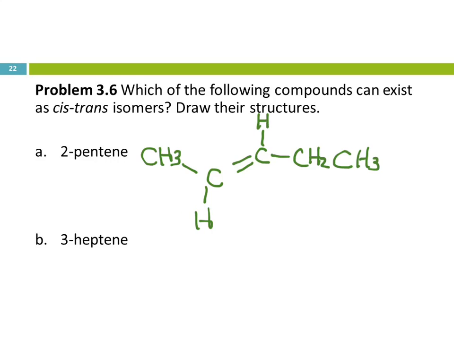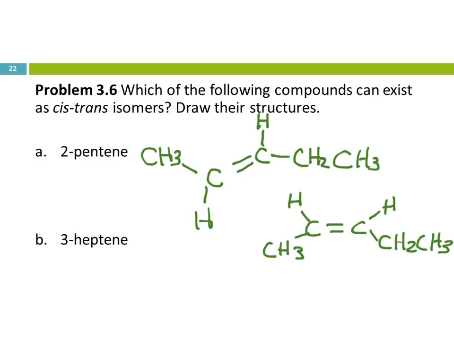They're on opposite sides, right? So I shouldn't leave my answer like that because that's only half of it, so I better draw the other one back in here, and put them on the same side. So there are cis-trans isomers.